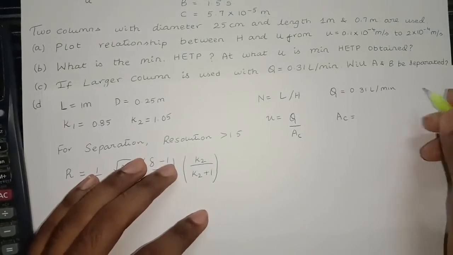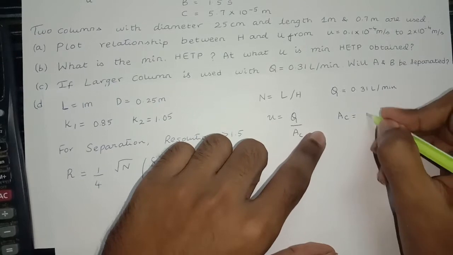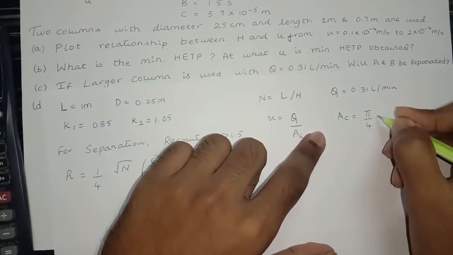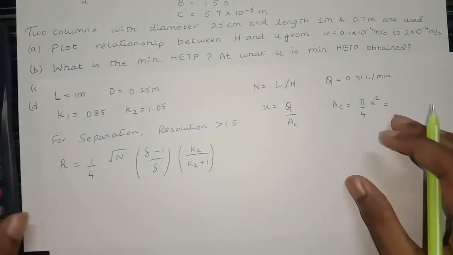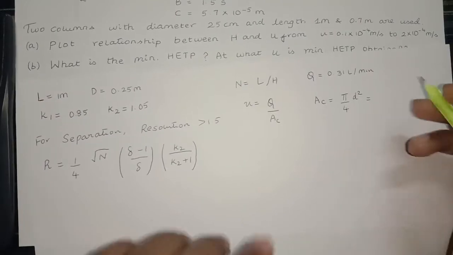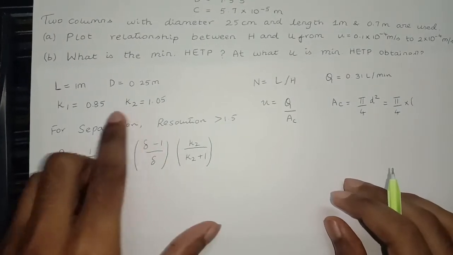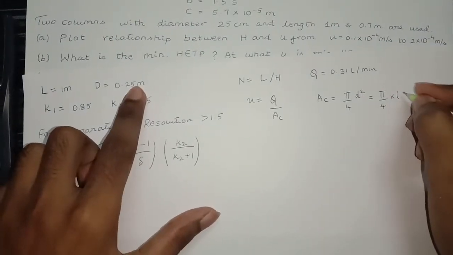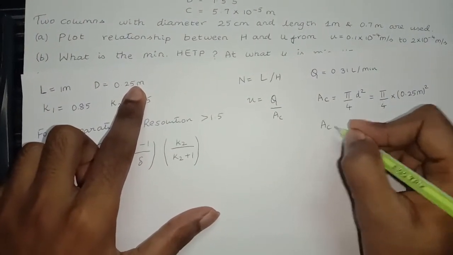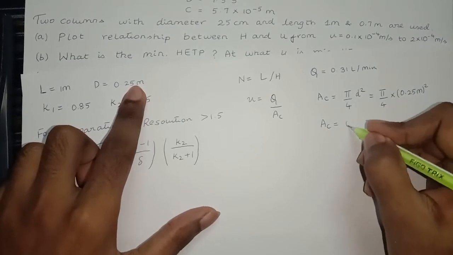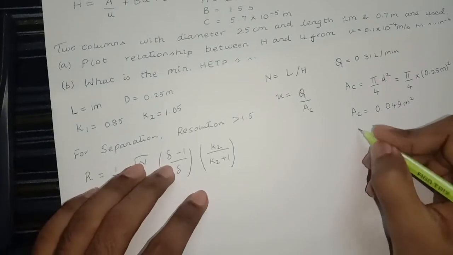It's a column, so it will have an area of π/4 d², which is nothing but πr². So π over 4 times the diameter of the column, 0.25 meter, squared. We get the cross-section area of the large column as 0.049 meter squared.